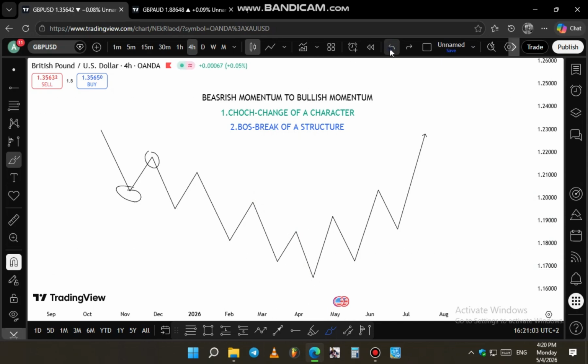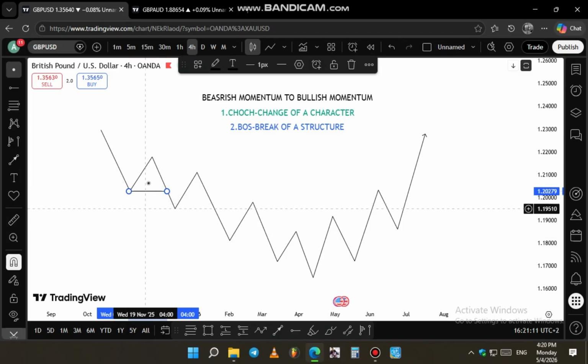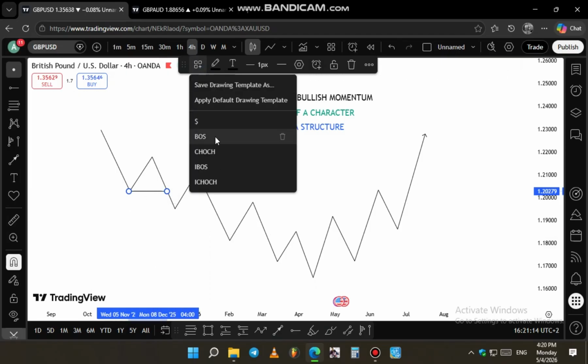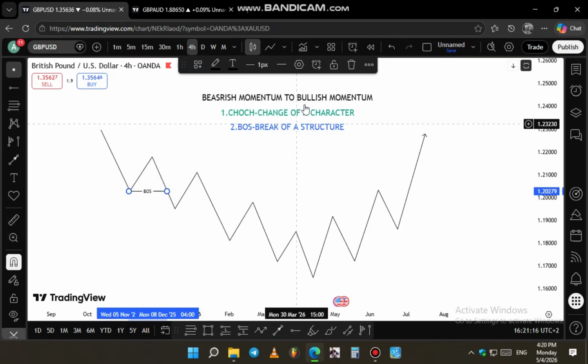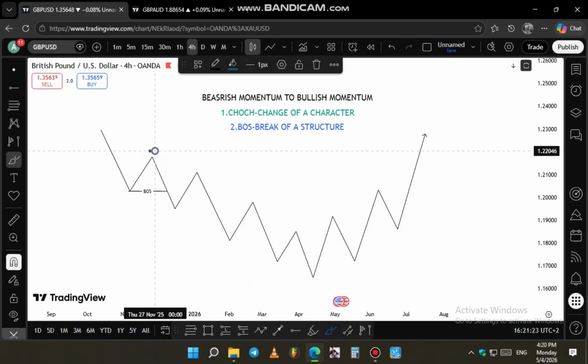So let's get into how we can identify a break of structure. This is how a break of structure is created. It's when a lower low, in this bearish scenario, gets broken and a protected lower high is left just like that without being violated.